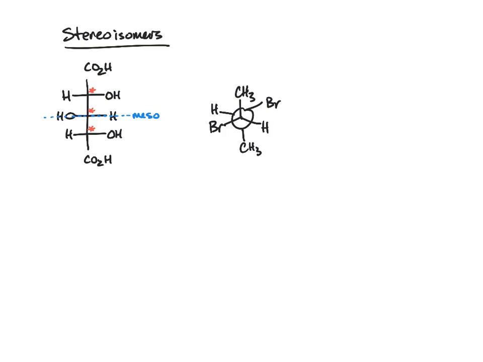This is bisecting right through the atoms themselves. So that one will not rotate plane polarized light.